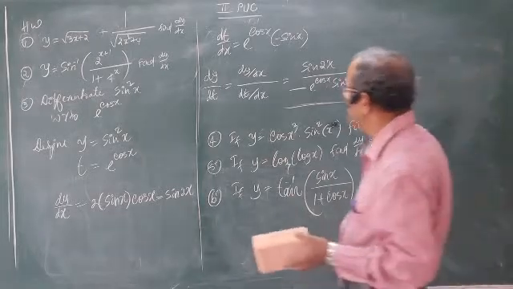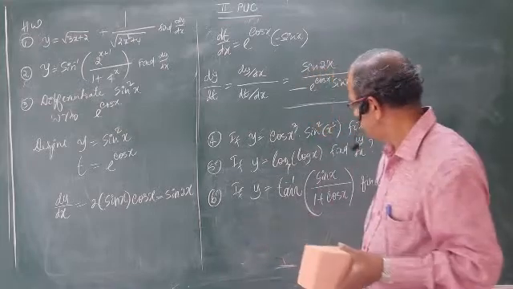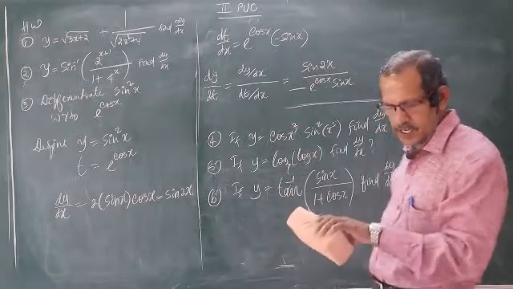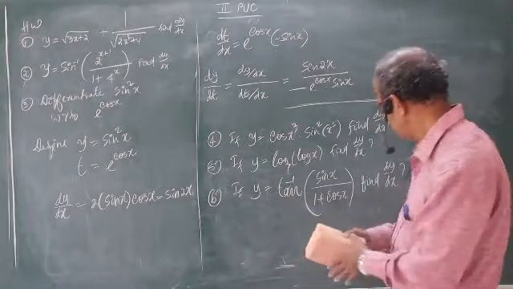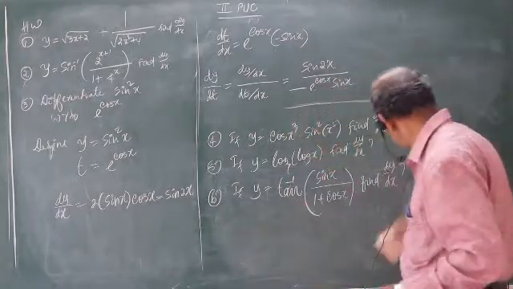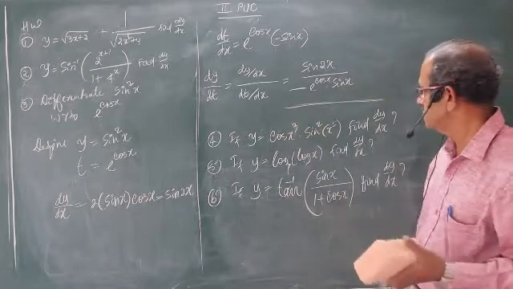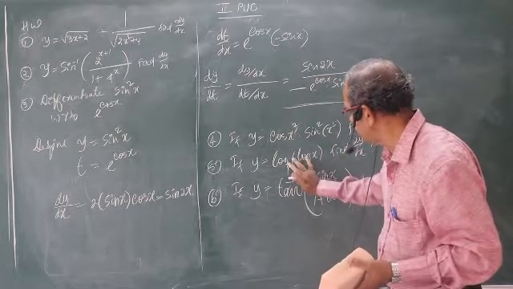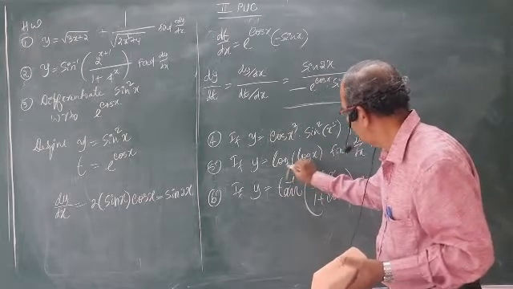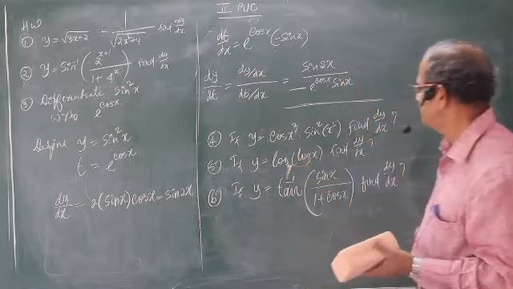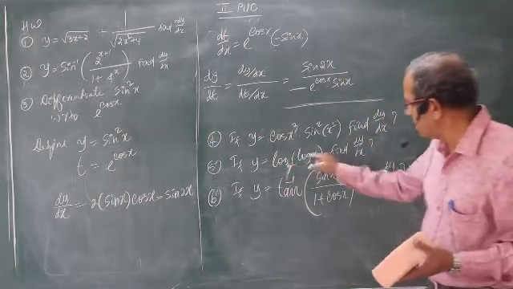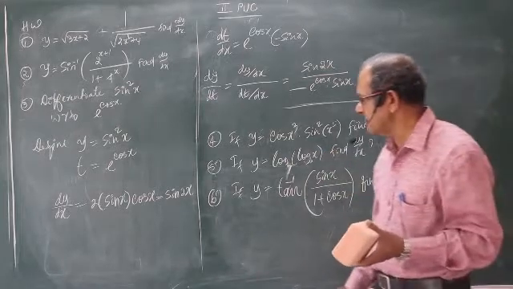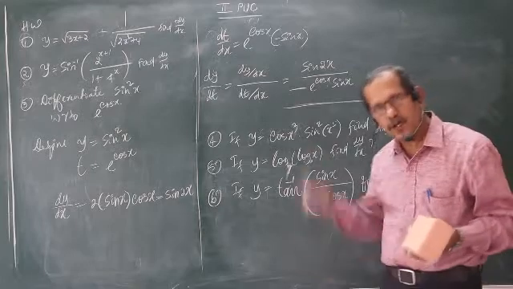Tan inverse of sin x by 1 plus cos x. This one has base 7, remember, base 7. Inside that, log x is to the base e. Since the base is e, it is not written there. If any other base is used, you have to mention it.